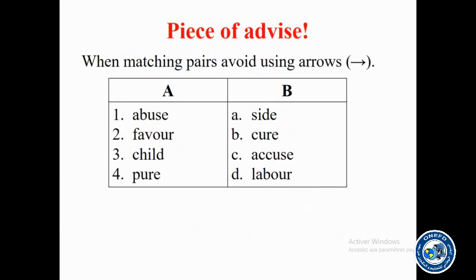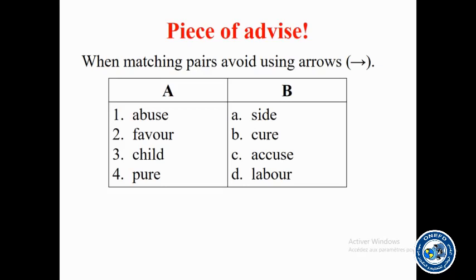Let's practice with another one, but with a piece of advice. Please, for your back paper, the way you answer is also important. It is as important as the answer itself. Whenever you have to match pairs that rhyme, to match words with synonyms or opposites or definition, please avoid using arrows.